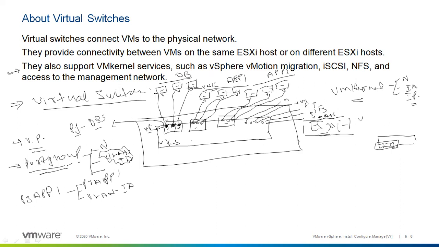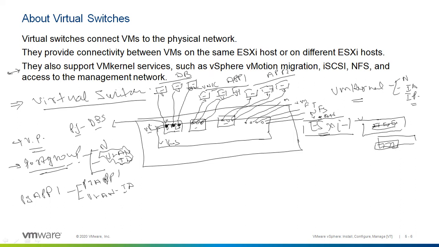So now how will my traffic go outside from this? So far one ESXi is looking good, but beside this, I am planning one more ESXi with the same configuration.